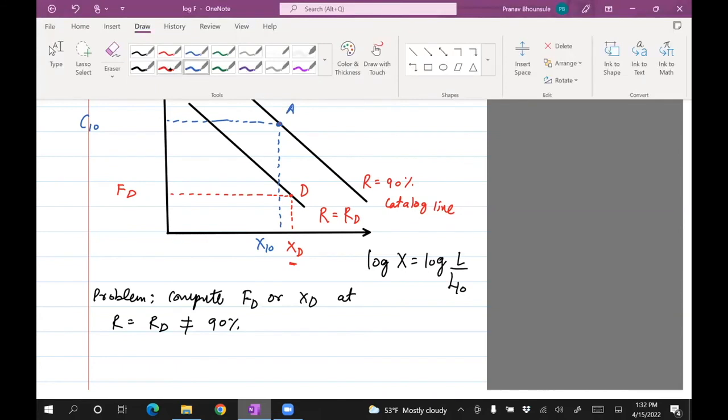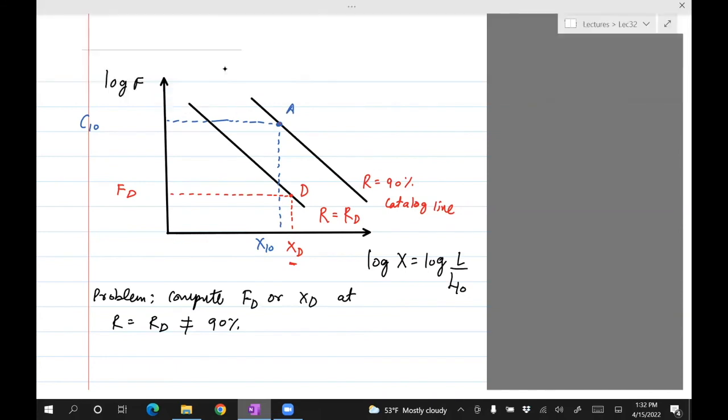Now, when you draw this line, when you see the dashed line I drew, that line intersects the horizontal line at A, and intersects the line at R equals RD at some point. So let's call that point B. And we can see that C10 is the same as FB because it's a horizontal line and the load is going to be the same.